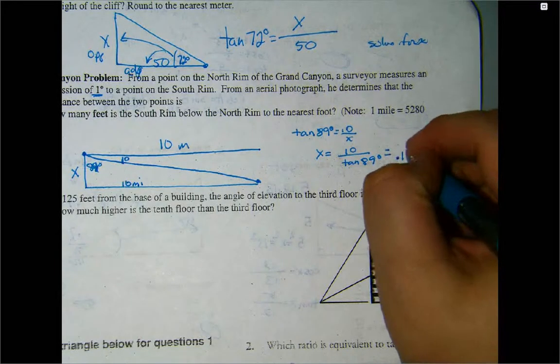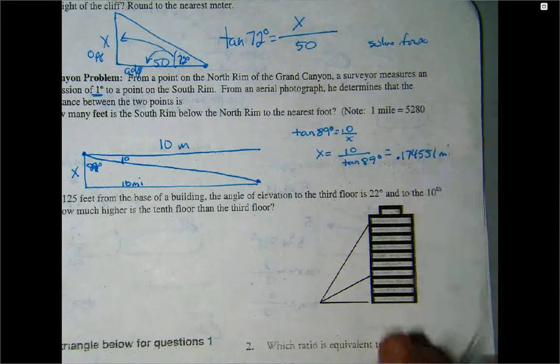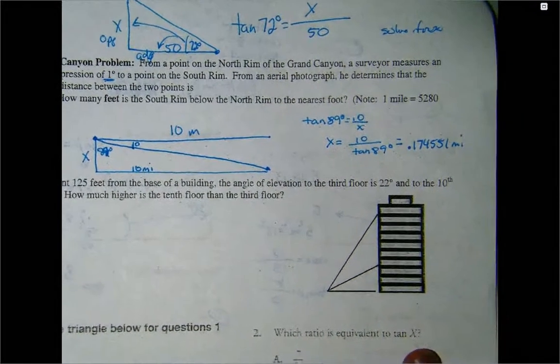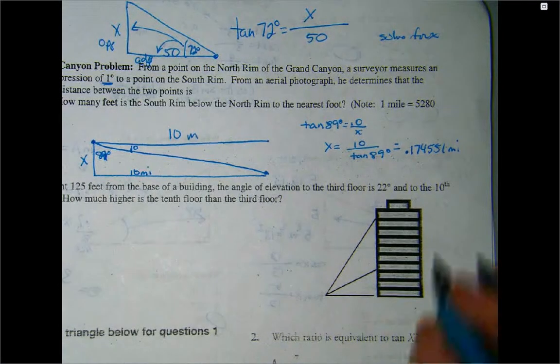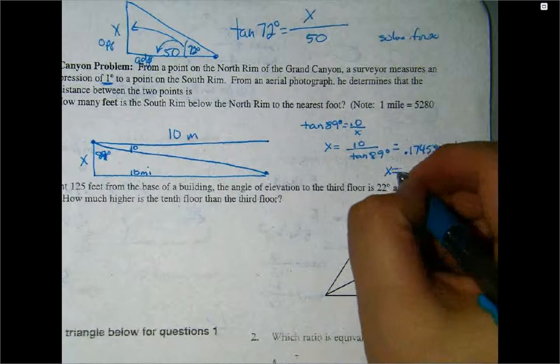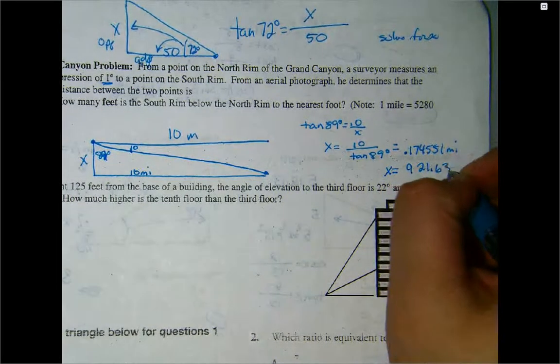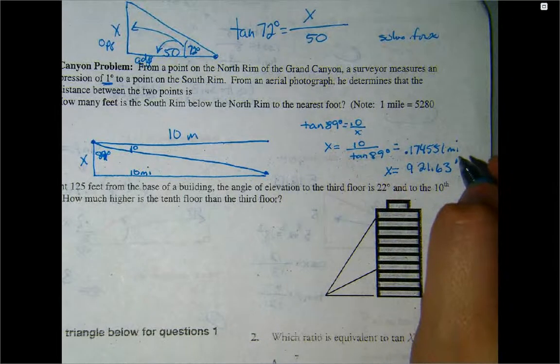Now it says, all right, 1 mile is 5,280 feet. So I'm going to multiply that by 5,280 feet. And it says that x is equal to 921.63 feet. So you're almost 1,000 feet above the floor. I multiplied by 5,280.